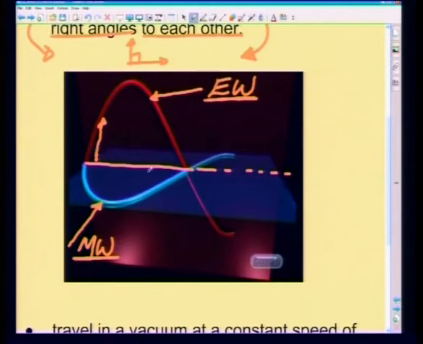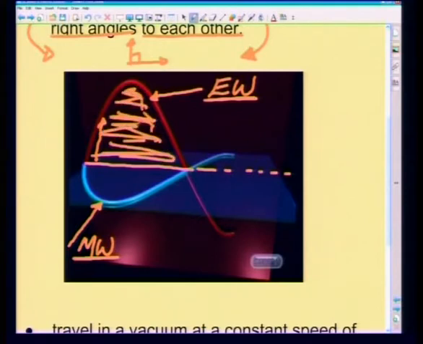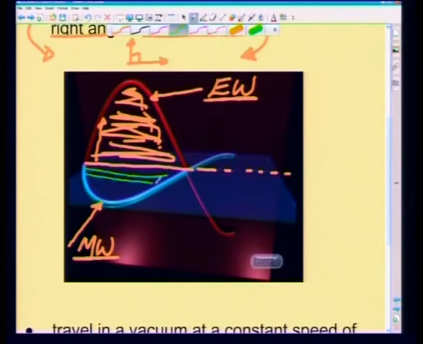Now that means that they are at right angle to each other. So the red one is there. Allow me to do that. And let me try and see if I can get another nice color that can work with this one. So say that represents the magnetic field wave. So this blue one is at right angle to the red one.